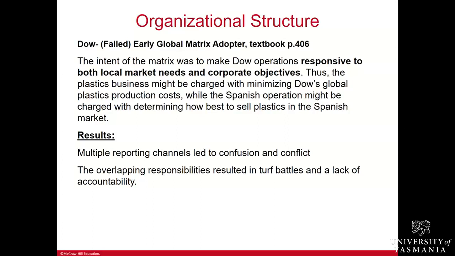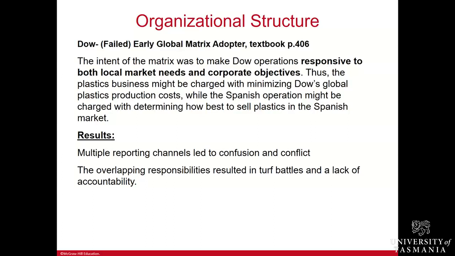The intent of the matrix was to make the operations responsive to both local market needs and corporate objectives. What they try to do here is run the local market closely through, let's say, the Spanish manager. They had that small geography.